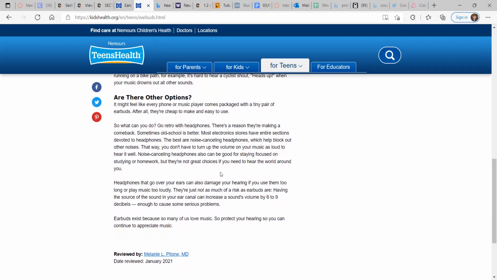What are some other options instead of the little earbuds? You can go retro, as this article suggests, and sometimes those over the ear headphones or the noise canceling headphones can help block out other noises.